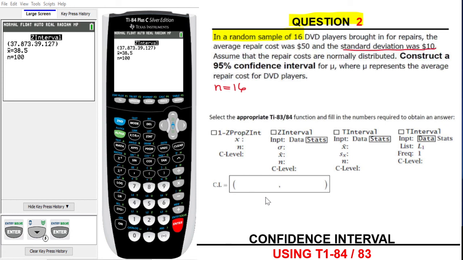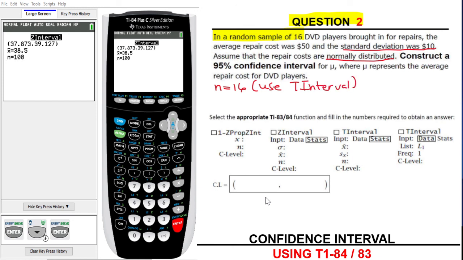And finally we are told that the original population is normally distributed. So that satisfies the condition for a t distribution. So we are going to use t interval.